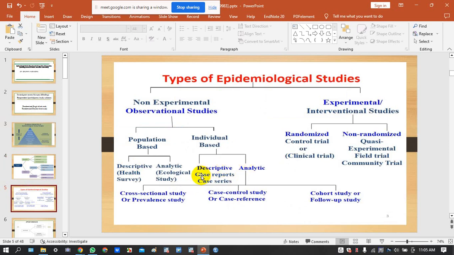So when you finish the case report, the case series, then you go to the analytic. So the analytical study, most of the researchers in Ghana, apart from those who do pharmaceutical research, who use the clinical trial because they are always working on drugs.